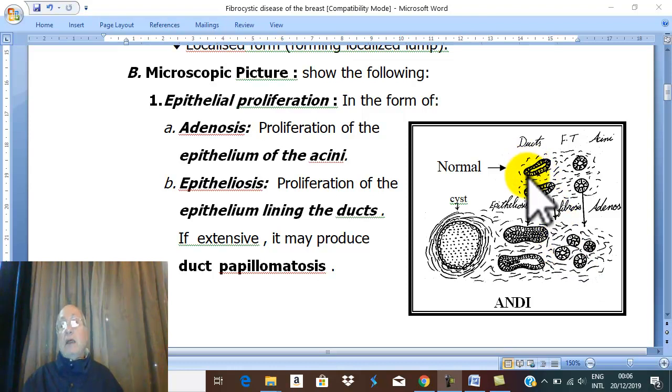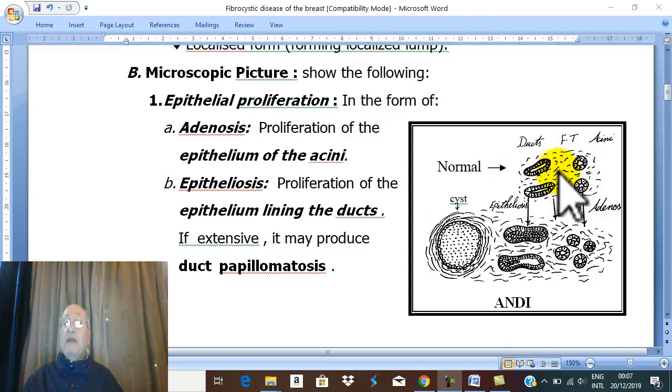The hormone also affects the epithelium lining the duct. In the resting stage, the duct is lined by a single layer of columnar epithelium, but under the effect of the high level of hormone at the end of the menstrual cycle, there is proliferation of the epithelium lining the duct, and this condition is called epitheliosis.